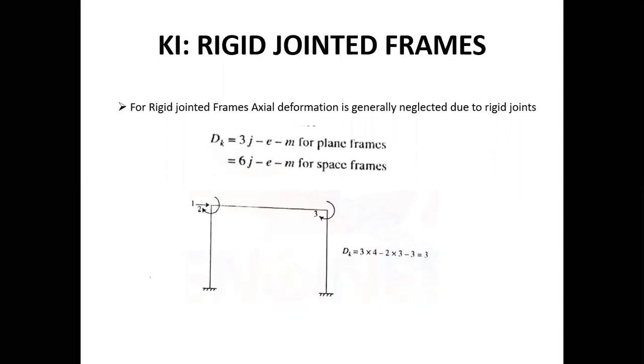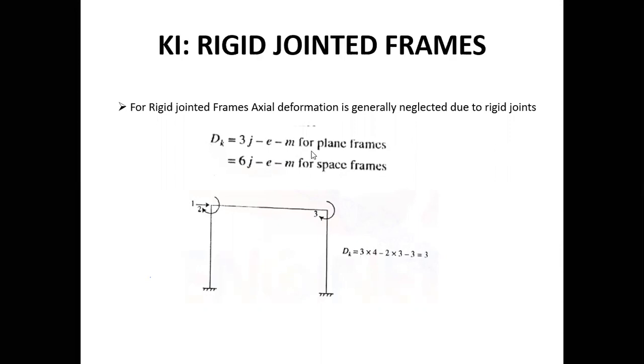For rigid jointed frames, generally axial deformation is neglected because the joints are rigid and do not allow deformation in either way. So in case of rigid jointed frames, axial deformation is neglected, and we know that if axial deformation is neglected, then the members will be considered and subtracted from the equation.